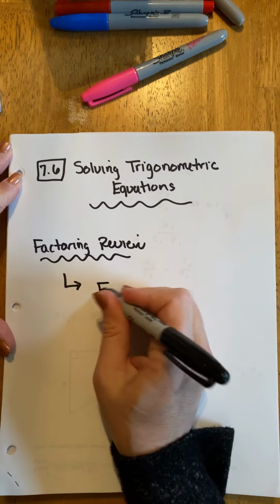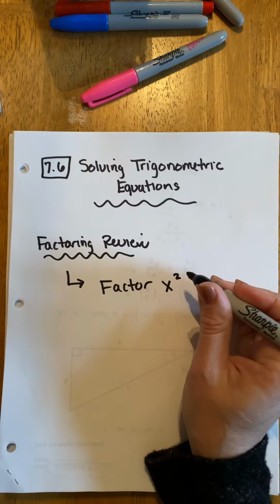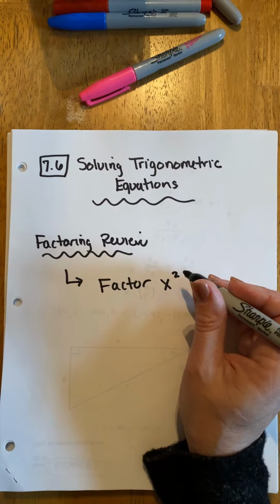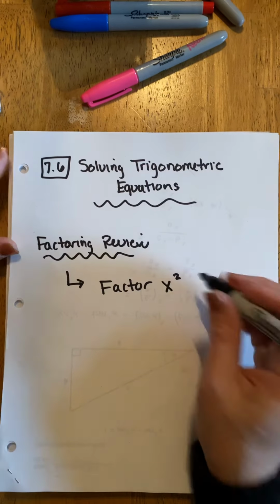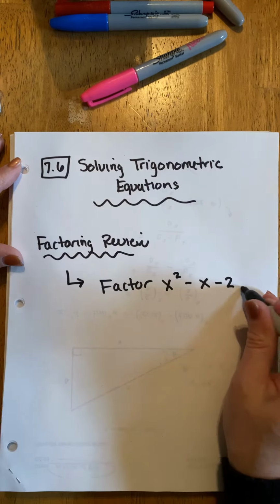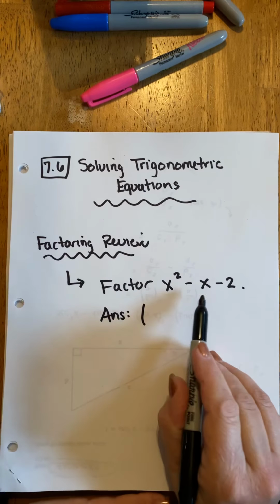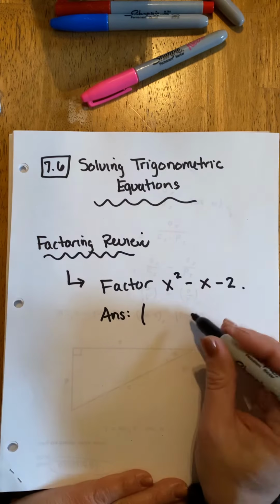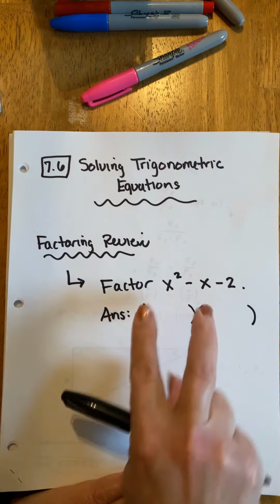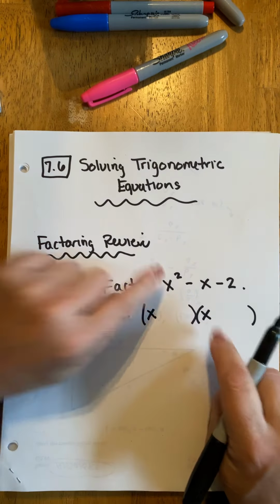What if I asked you to factor x squared minus x minus 2? The answer would be, well, we have something squared minus 1 times that something minus 2. What we're squaring here typically goes first in the parentheses because the product of the first is the first.